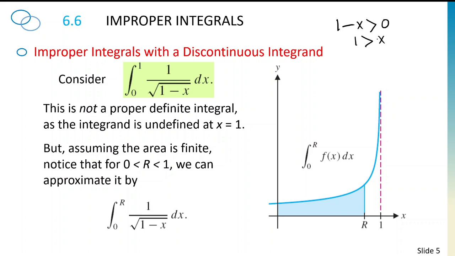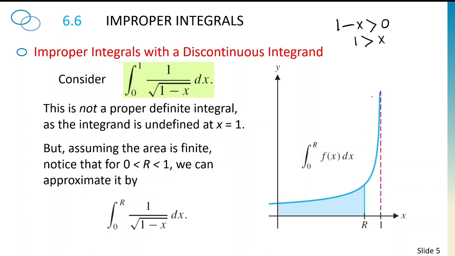So x here should be less than 1 without equality. But here the integration is from 0 to 1, so I have an issue at 1 itself. Try to substitute 1, it will give you 1 over 0, which is undefined. So it's discontinuous at 1.